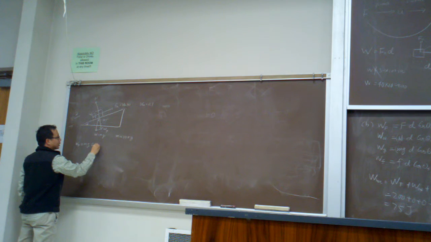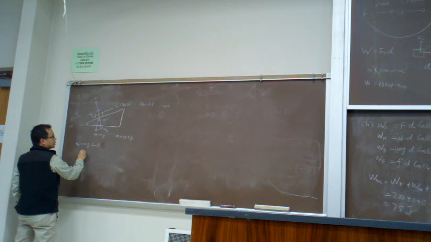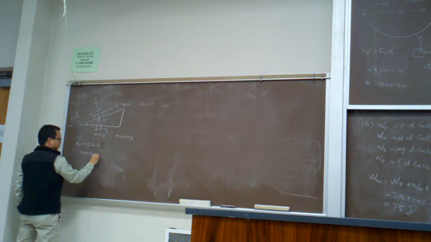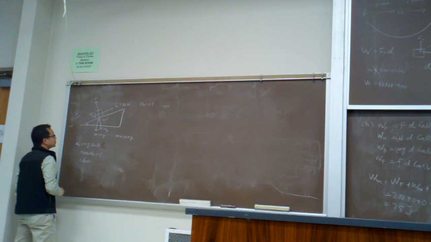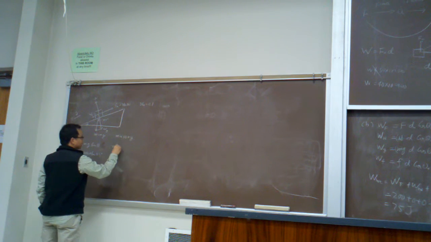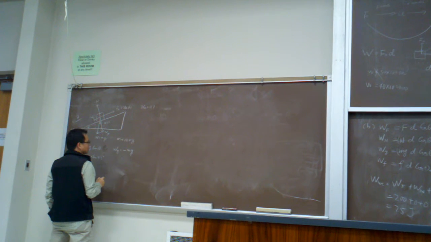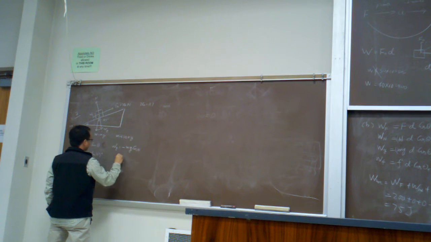Sine theta. If you put in the numbers, it should be 10 times 10 times sine 36.9 degrees. It will give you 60 Newton. And Wy equals negative mg cosine theta.